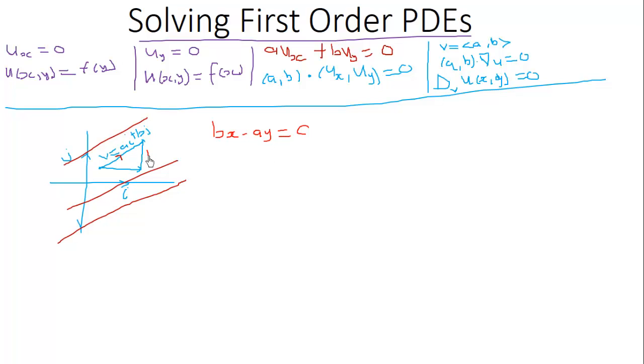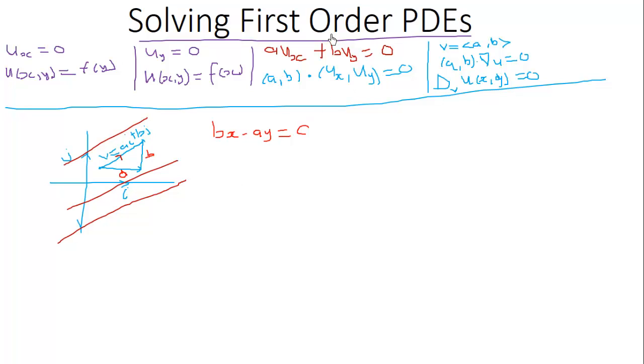because this is having a positive slope and all the lines that are parallel to this vector must also have positive slopes. And if you make y the subject over here, you get our slope being equal to b over a, which is positive.